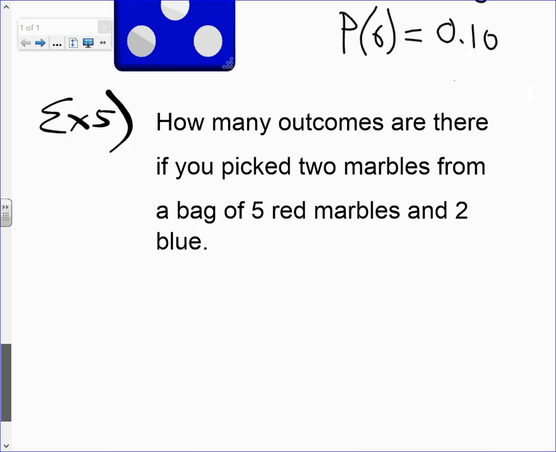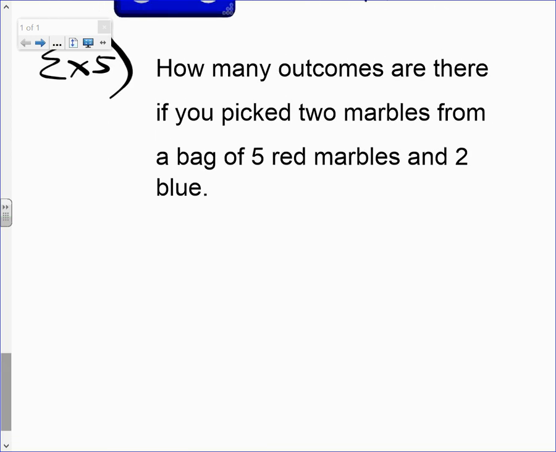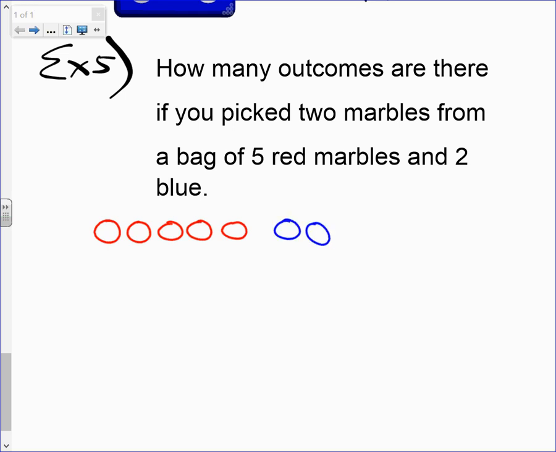So let's draw the situation. What I'm going to do first is I'm going to draw all my marbles. 5 red, look at 1, 2, 3, 4, 5, and 2 blue. There's the marbles, ladies and gentlemen.